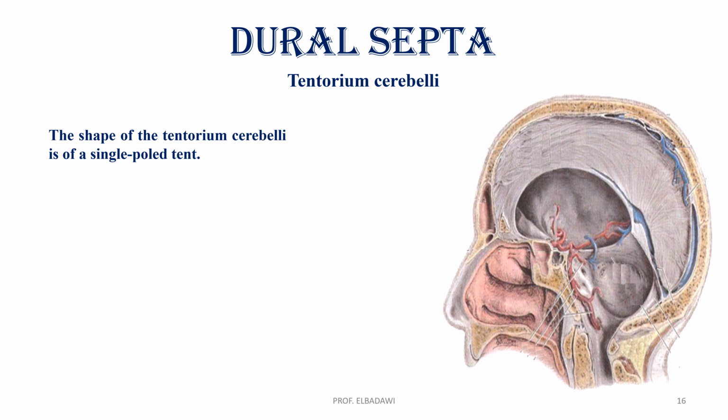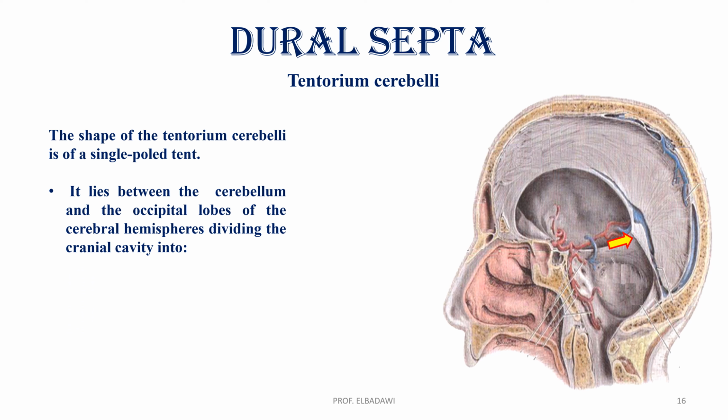The tentorium cerebelli is the shape of a tent or a single-pole tent being raised from the middle by the falx cerebri, it has two sloping sides on each side. That is the one here.